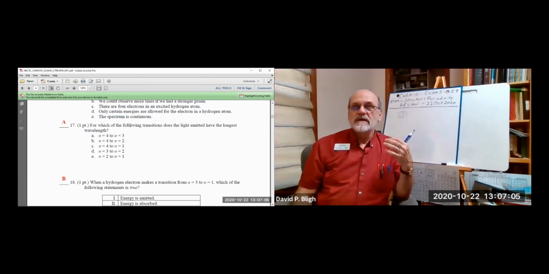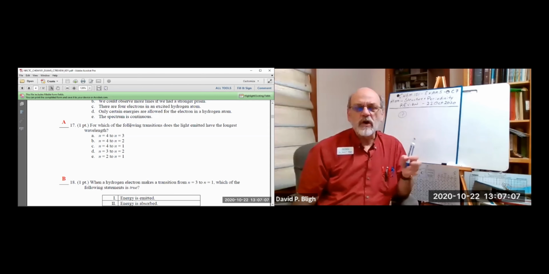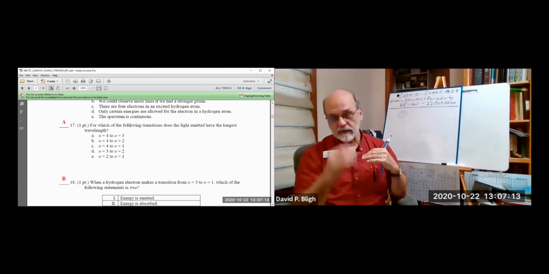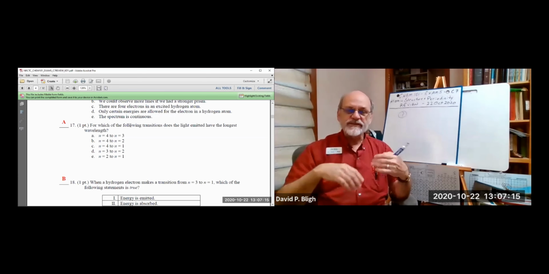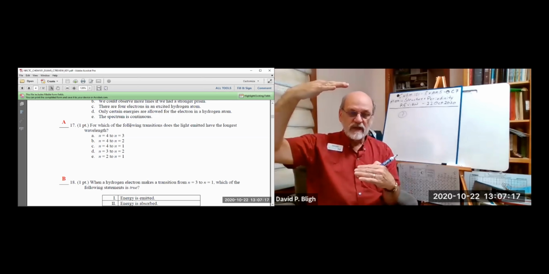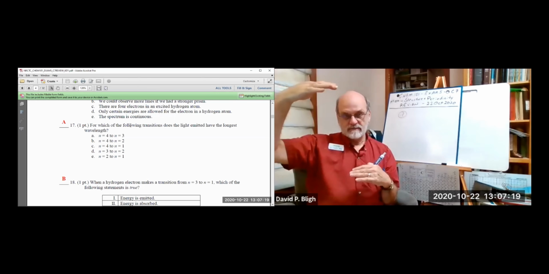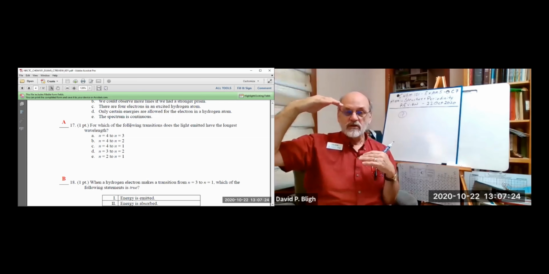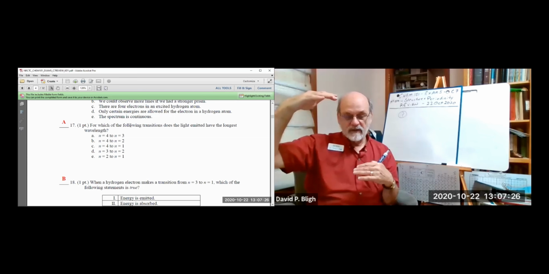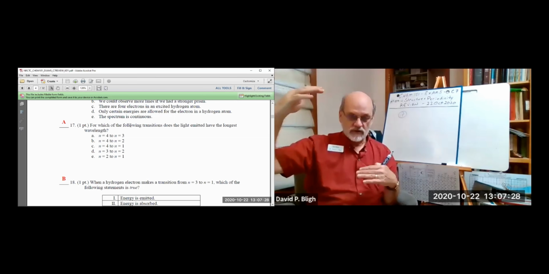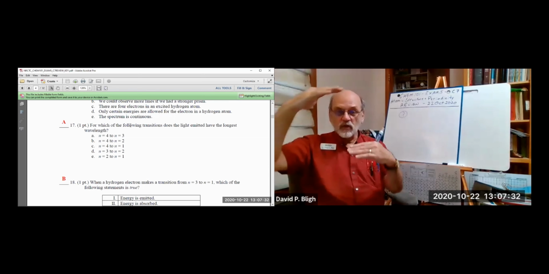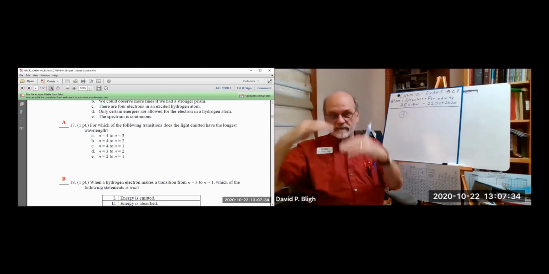Think of it this way: when you're talking about transitions of electrons from energy level to energy level in an atom, the greatest distance between levels gives the highest energy. And the highest energy means the highest frequency, shortest wavelength. So if you're looking for the longest wavelength, you want the narrowest transition.